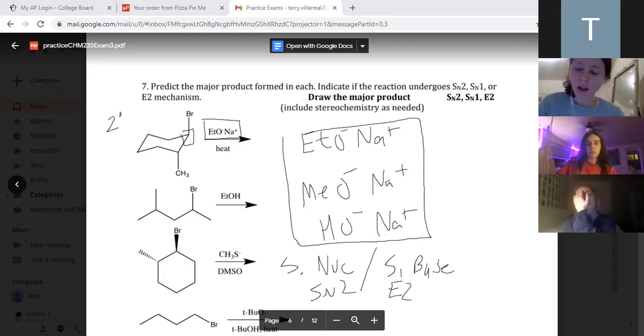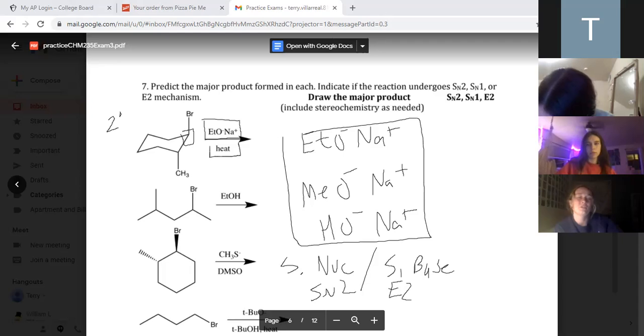But if you run into this problem, Gwen, because I know Gwen's on top of it, and you're like, well, this is one of those reagents that Dr. B has hammered at us countless times, and I know that E2 and SN2 is possible. How can I distinguish between E2 and SN2 looking at the arrow? Because there's heat there, and so it's automatically going to be an elimination reaction.